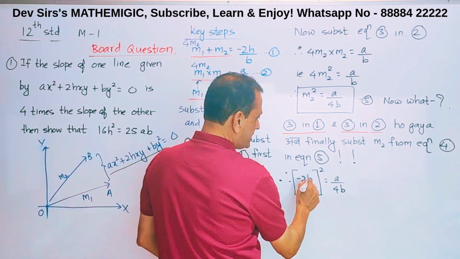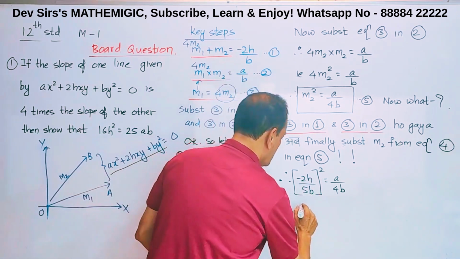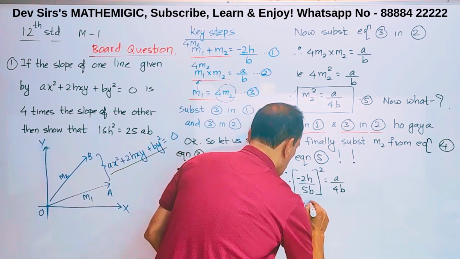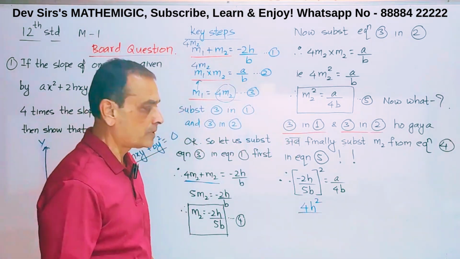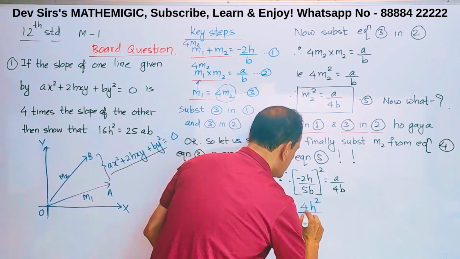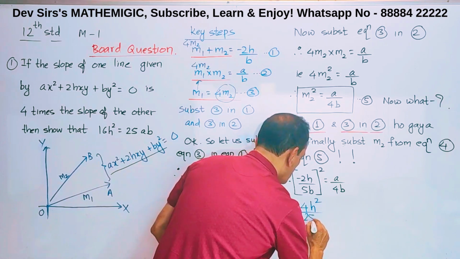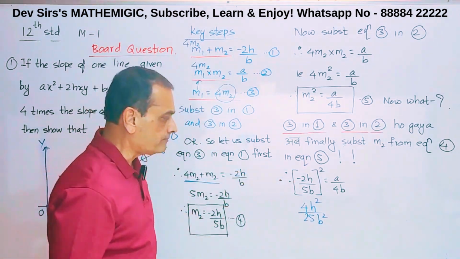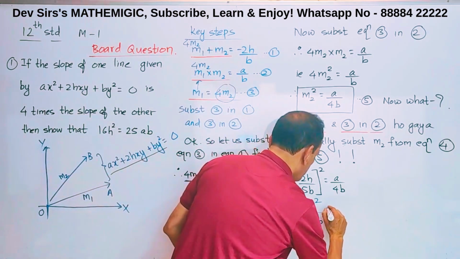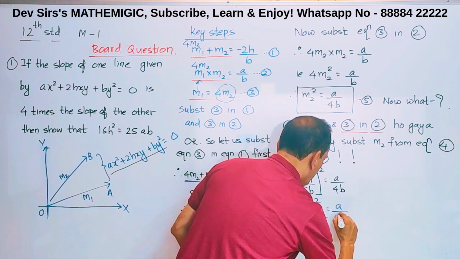Minus 2h bracket squared is 4h squared. 5b bracket squared is 25b squared. The minus sign goes after squaring, is equal to a upon 4b.